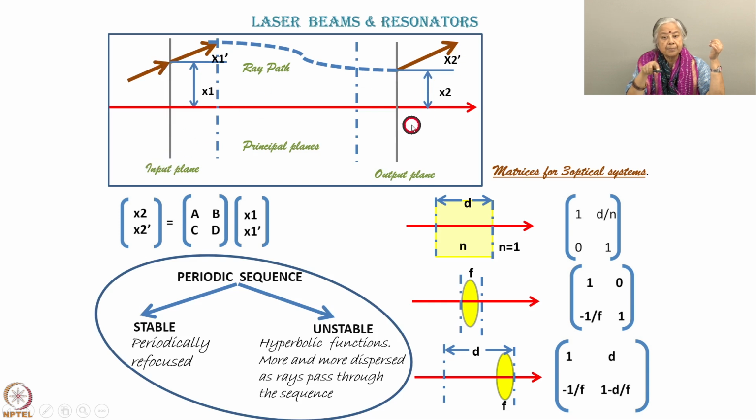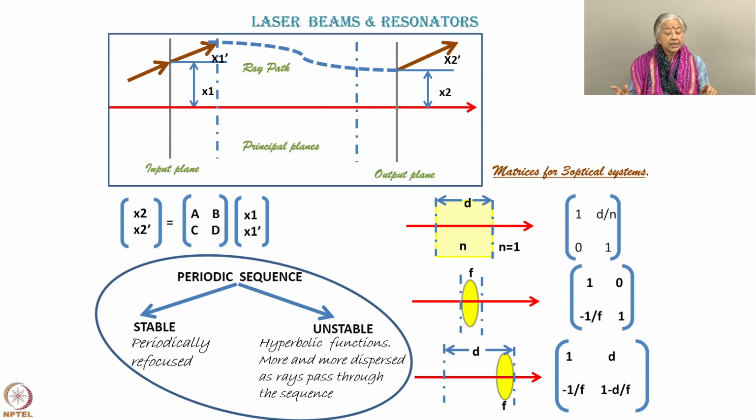I want to know what happens to it at the output plane. So, I have this input parameter, and I also have this angle x1 dash. Either it is the angle or you can call it tan theta, the angle which it makes with the optical axis, which is shown by the red line.